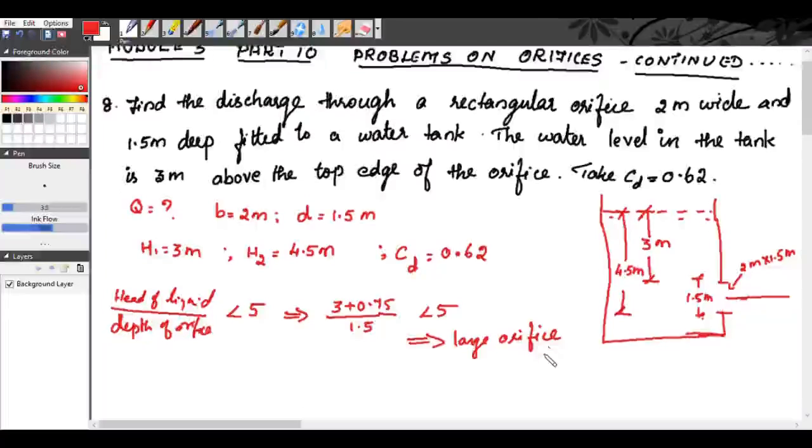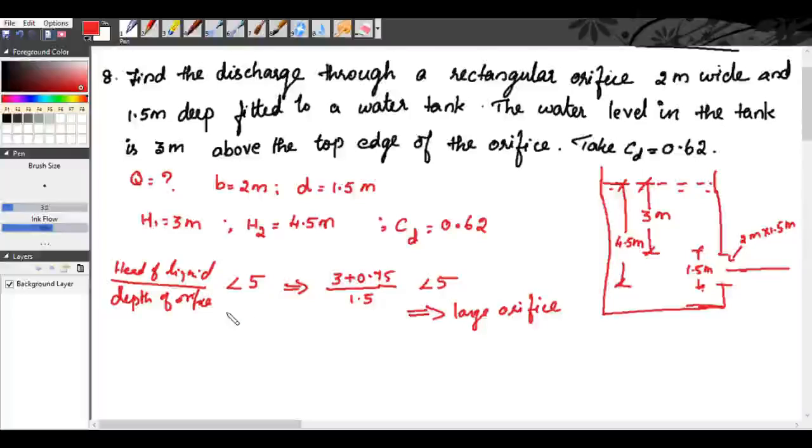Now, if the orifice is a large orifice, the formula for determining the discharge is Q equal to 2 by 3 CD into B into root of 2G into H2 raised to 3 by 2 minus H1 raised to 3 by 2.